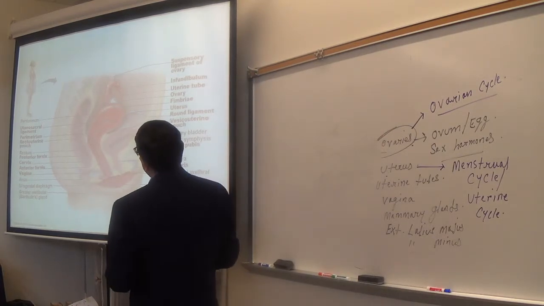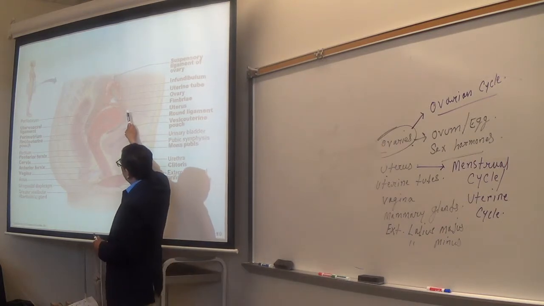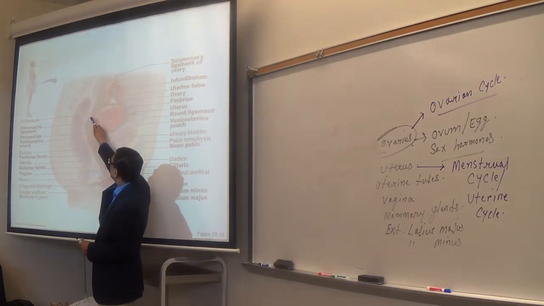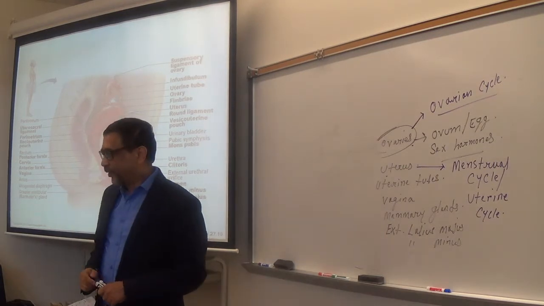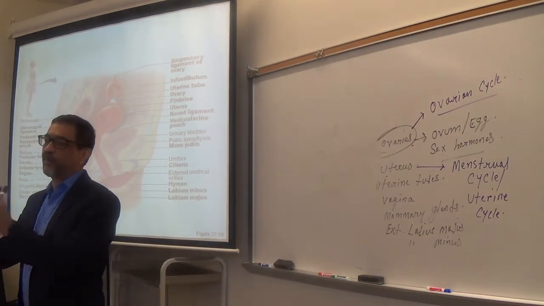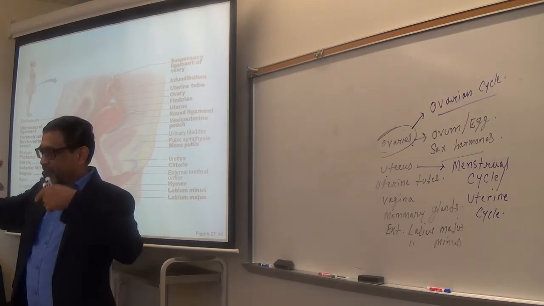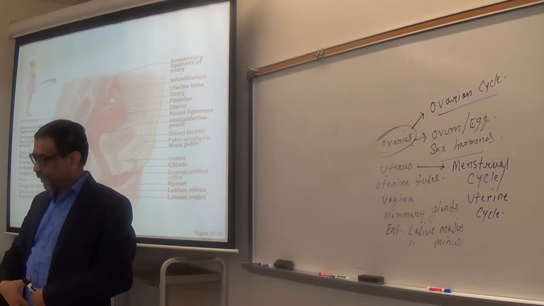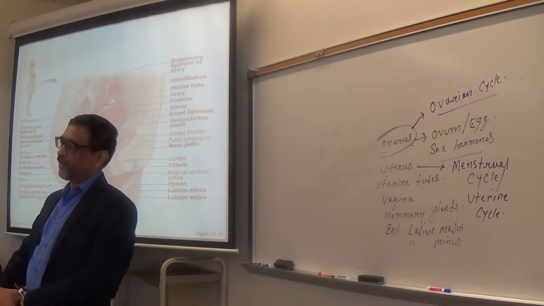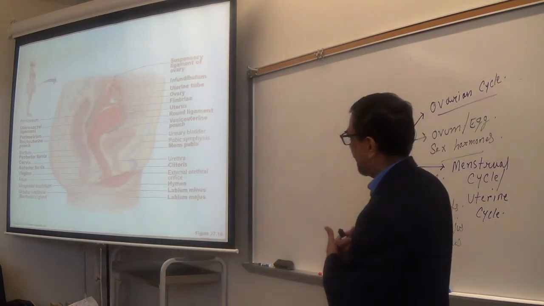Okay. And another thing is a number of ligaments hold the female reproductive organs in the right locations in the pelvic cavity. Make sense? So the ligaments tie the organs to keep them in the right locations in the pelvic cavity. That's why you have a number of ligaments.